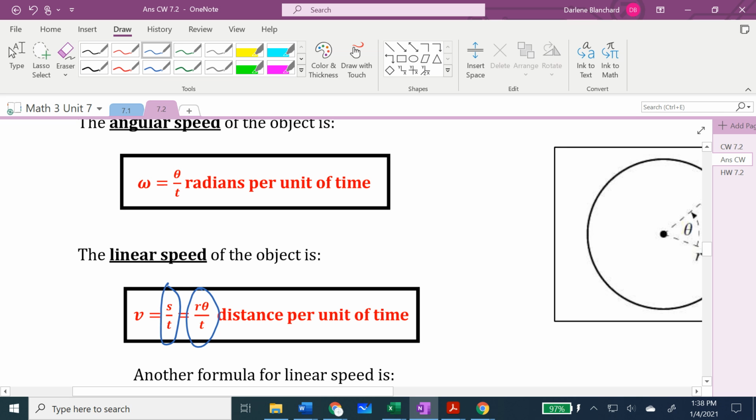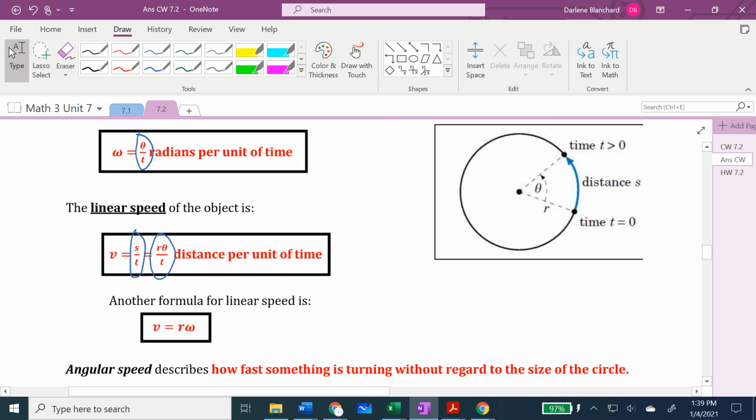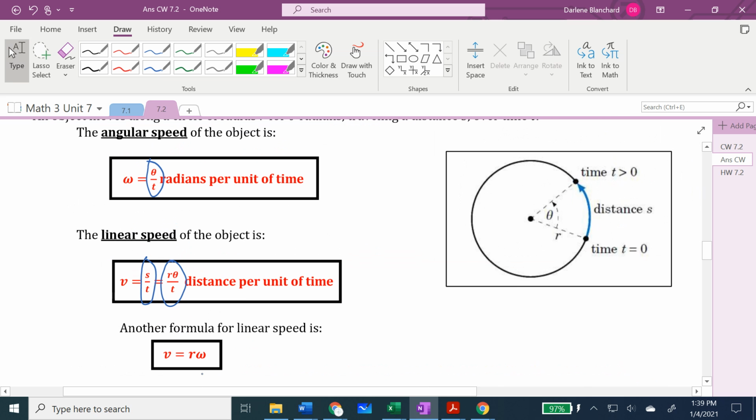And so we end up getting the formula r times theta over t, but realize that another formula is the radius multiplied by the angular speed. So if you know the angular speed and you want to know the linear speed, all you have to do is multiply by the radius, and you have it.